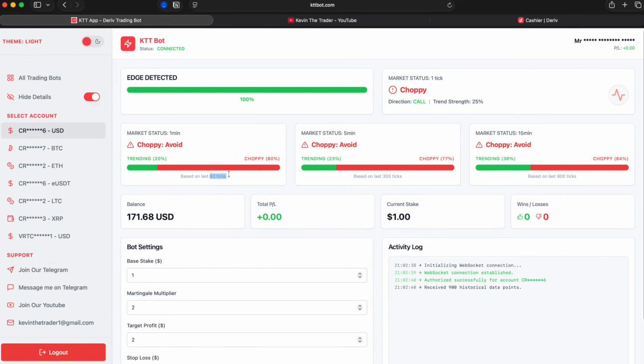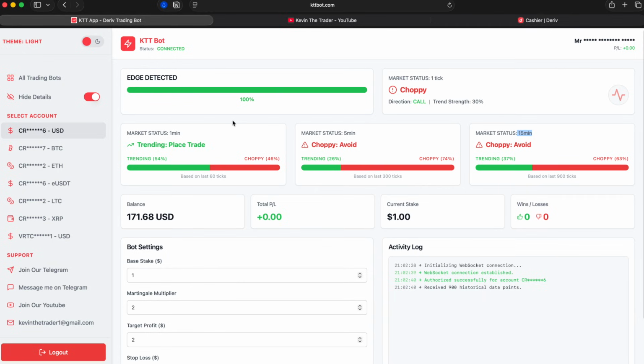So if you want to trade in ticks, just know that you are trading in terms of seconds. The 5 minutes here is 300 ticks, and 15 minutes here will be 900 ticks. That means 900 seconds make 15 minutes. Okay, so how do we activate this bot?